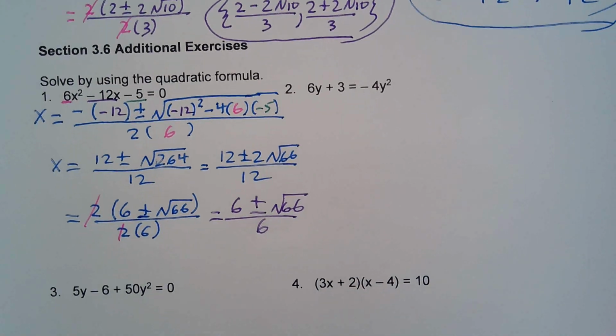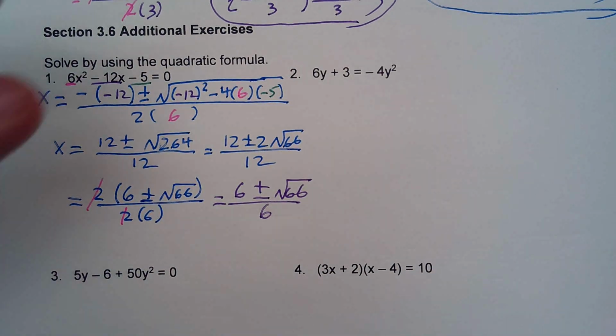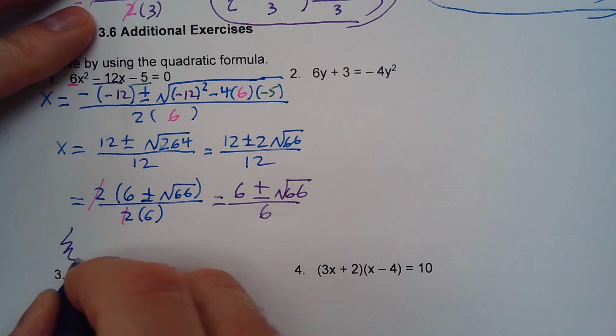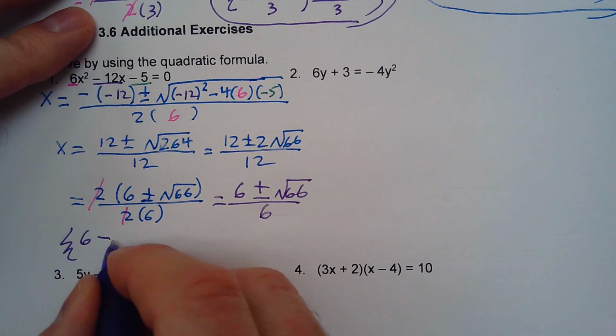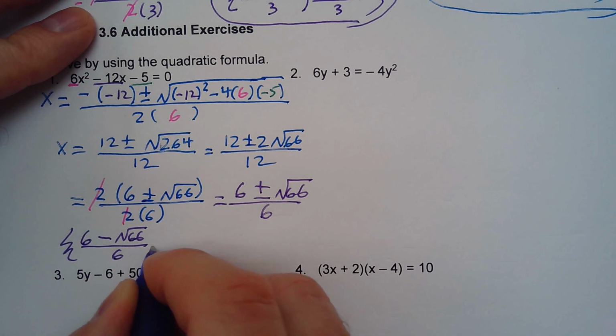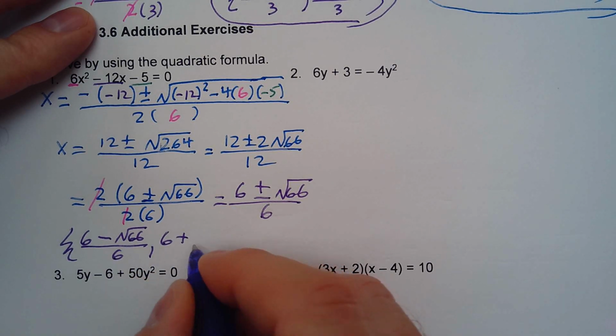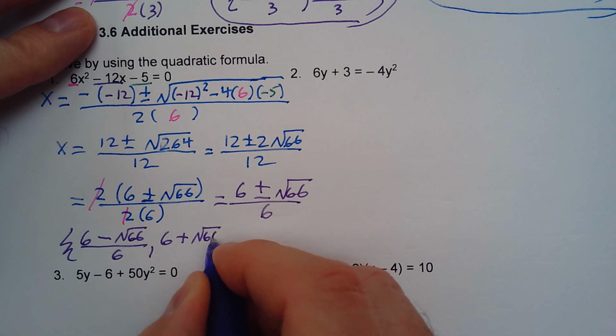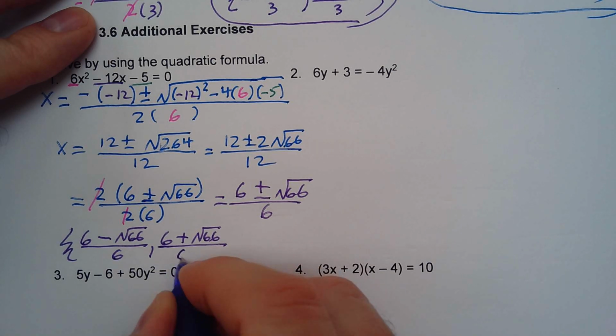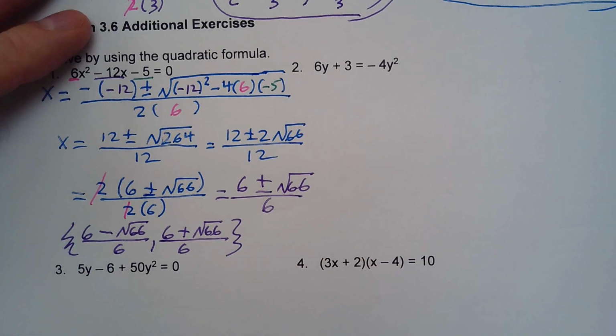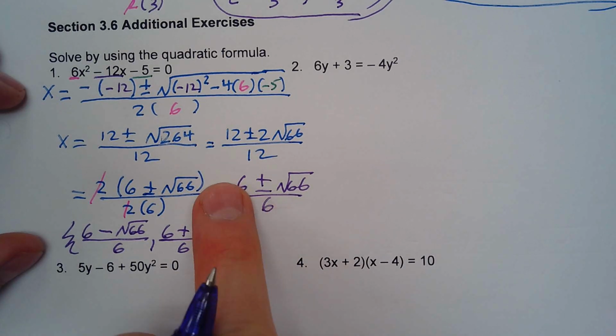Okay, so my answers then are 6 minus square root of 66 all over 6, and 6 plus square root of 66 over 6. Keep in mind, I cannot cancel out that 6 with a 6.